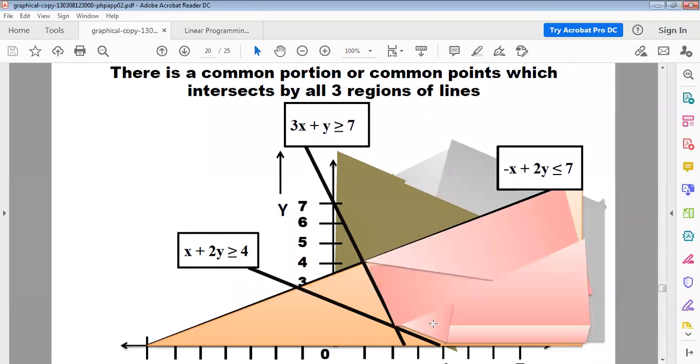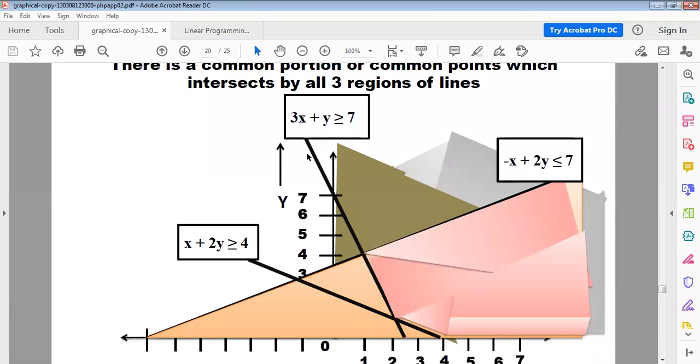So combining these three inequalities: the first constraint is this, the second one is this, and the third is this. The first constraint's shaded region is this, for the second constraint this is the shaded region, and for the third, this is the shaded region.